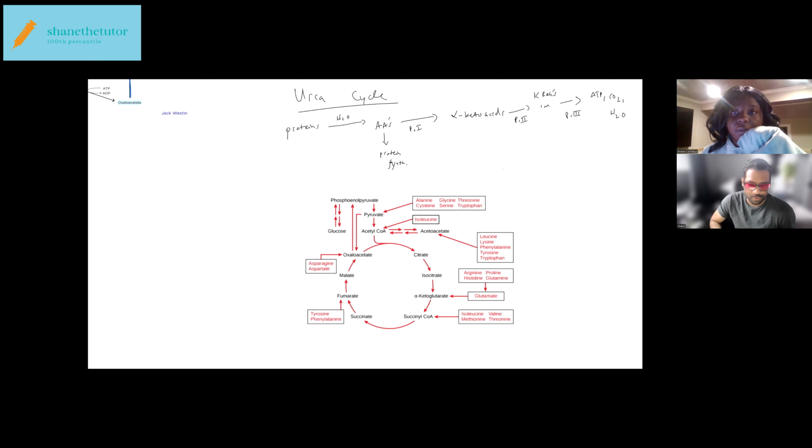Because cellular respiration, that's the overall thing that happens in a cell, and that's with some type of hydrocarbon plus oxygen yielding CO2 and water. So that's cell respiration.